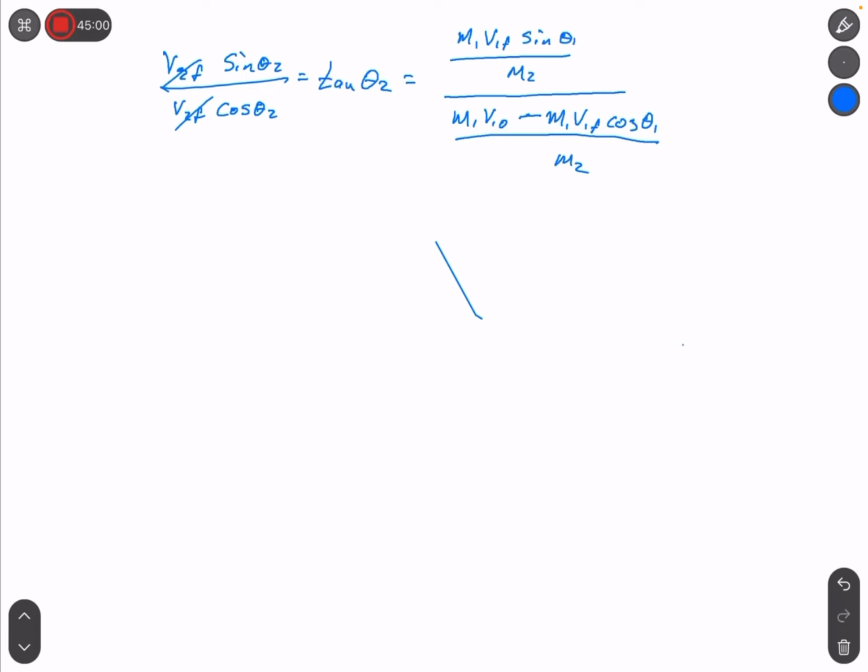And I don't know if you guys know this or not, but this would be like dividing a half by a half. And that ends up giving you 1, so you can get rid of the M2s. And let's see if we can get rid of that guy right there.